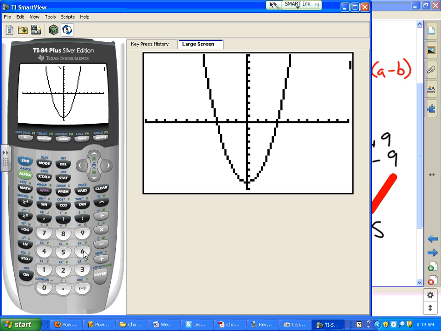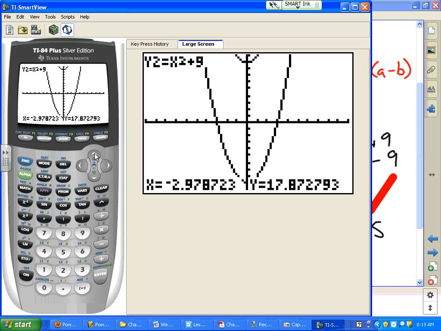So we have zeros at plus or minus 3. Let's see which graph that is. If I hit trace, then that graph is x squared minus 9. It has a 0 at 3 and a 0 at negative 3.